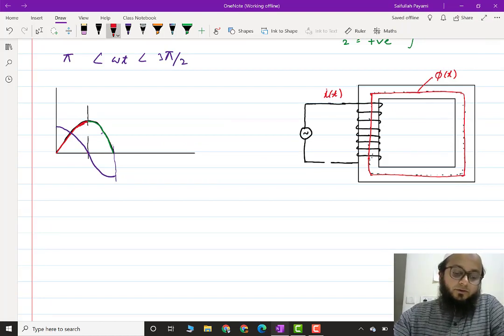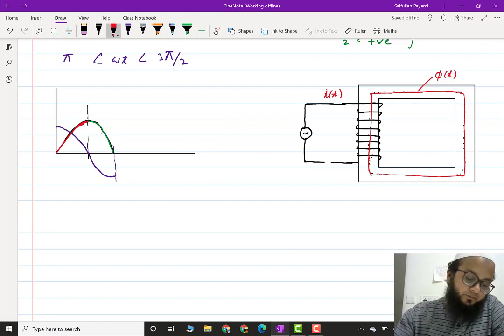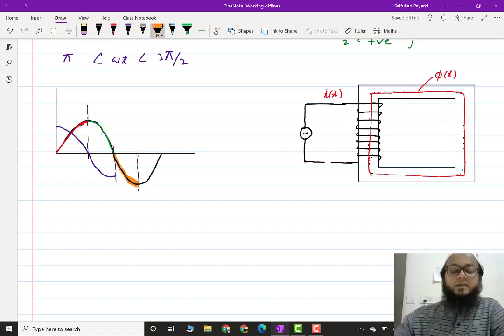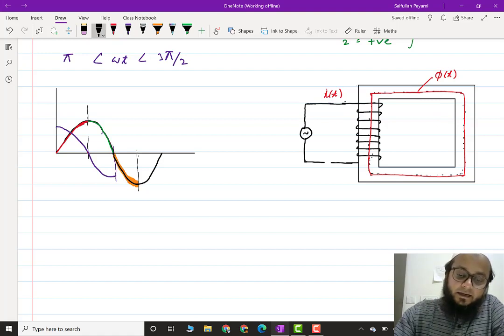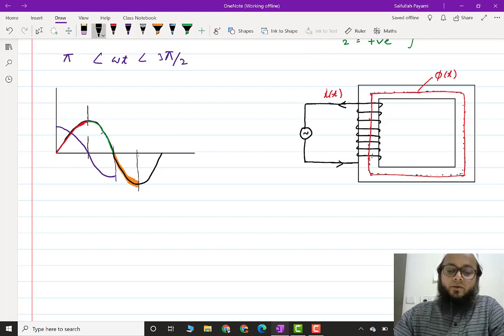So when omega t is greater than pi and less than 3 pi by 2, at that time current is actually negative. So till here the current is negative. Negative means now the direction of the current has reversed, so the direction of the flux will also get reversed.